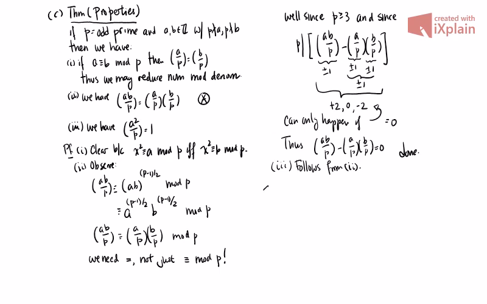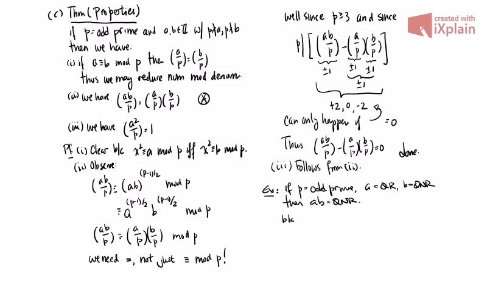So here's an example of how this can be useful. This is a bit abstract, but that's okay. We'll do a more concrete example later on. Suppose p is an odd prime, a is a quadratic residue, b is a quadratic non-residue, then ab is a quadratic non-residue.